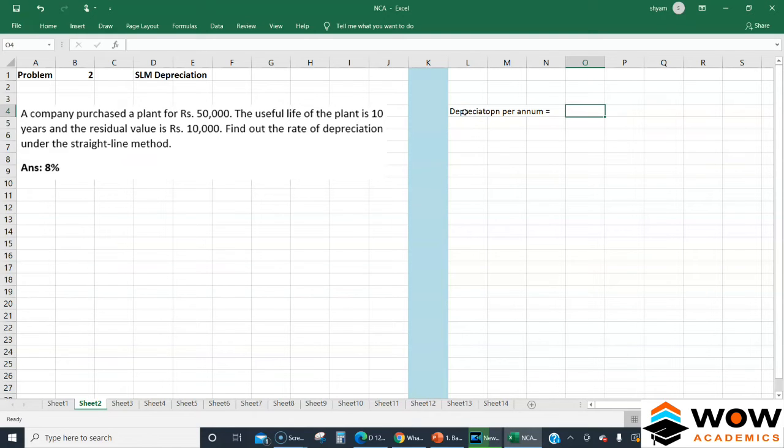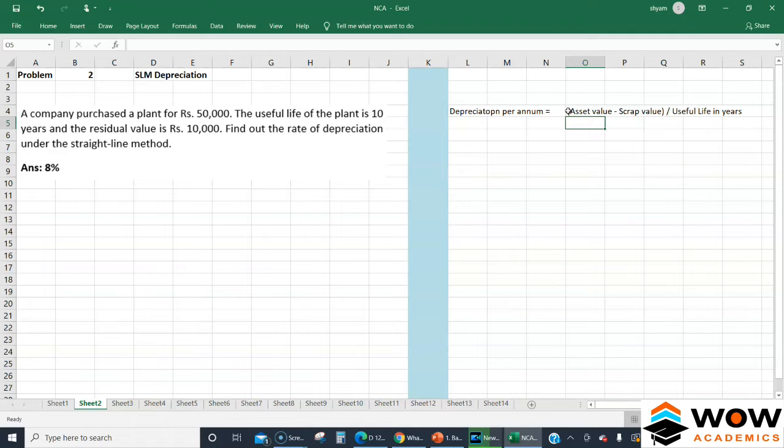The formula is asset value minus scrap value, the whole of this divided by the useful life in years. So we'll get the answer for this.